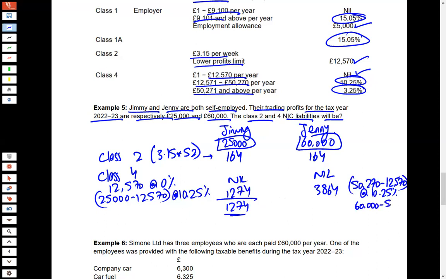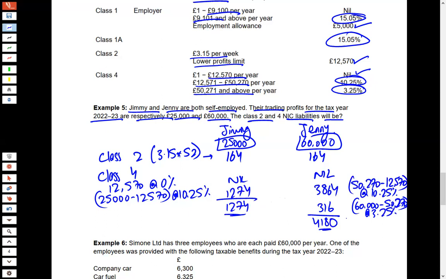So 60,000 minus 50,270 at the rate 3.25% works out to be 316. And the sum of this amount is 4180.